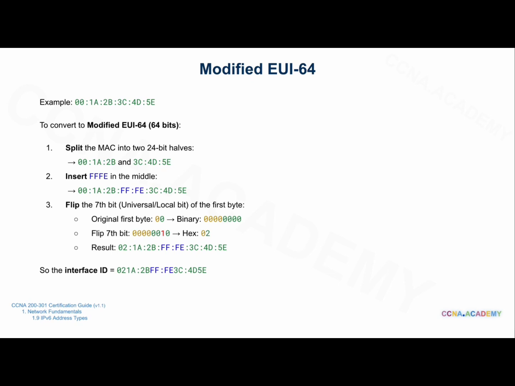That gives you 001A2B FFFE 3C4D5E. Step 3. Flip the 7th bit of the first byte. The original first byte is 00, which in binary is all zeros. Flipping the 7th bit turns it into 02, so the final interface ID becomes 021A2B FFFE 3C4D5E.